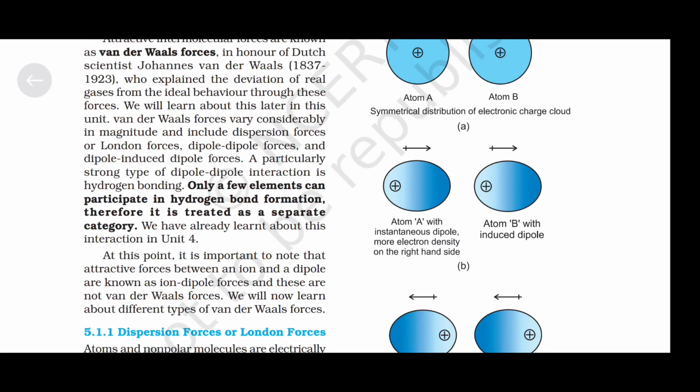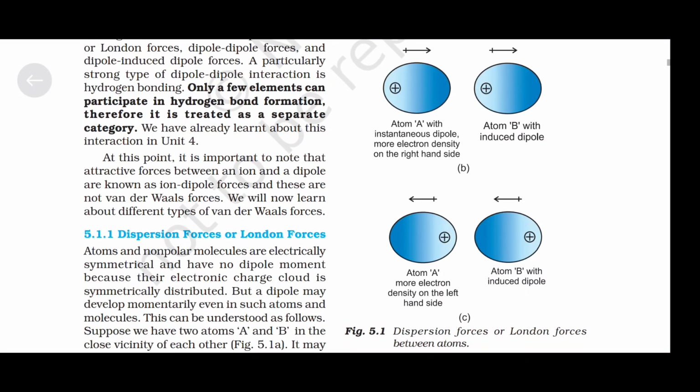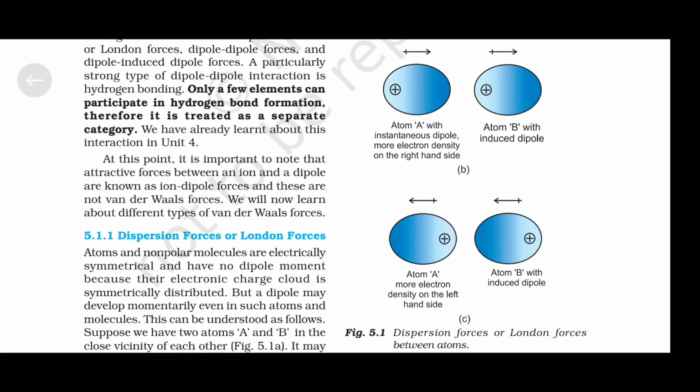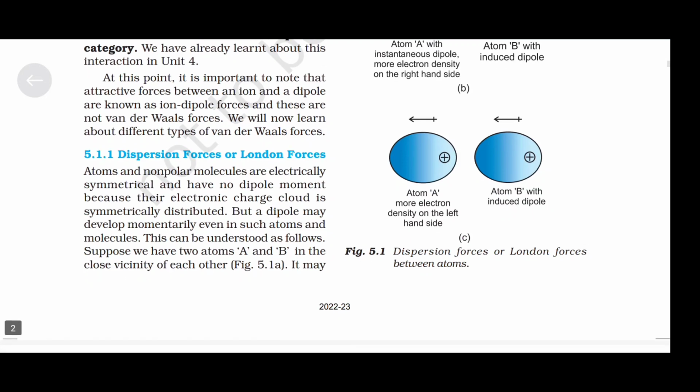Therefore, it is treated as a separate category. We have already learnt about this interaction in Unit 4. At this point, it is important to note that attractive forces between an ion and a dipole are known as ion-dipole forces, and these are not van der Waals forces. We will now learn about different types of van der Waals forces.